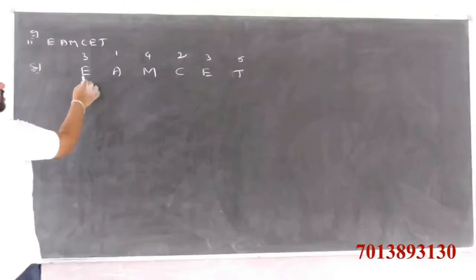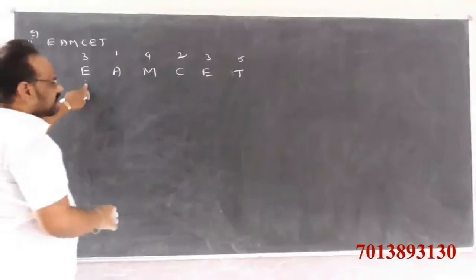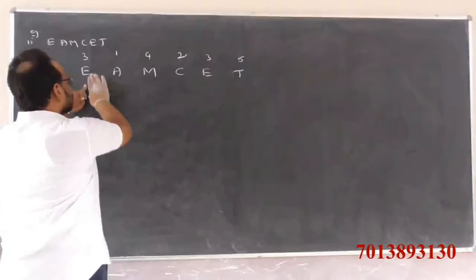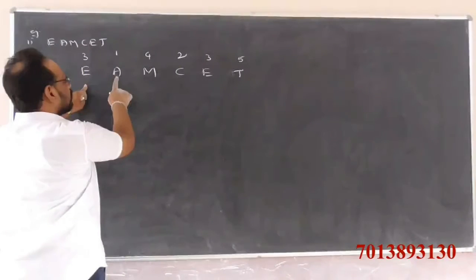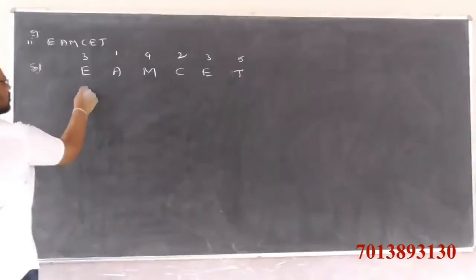Observe here. How many letters are smaller than 3? Clearly 1, 2. So right here 2.